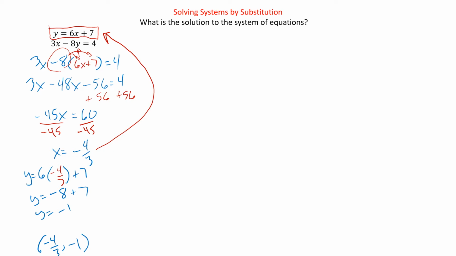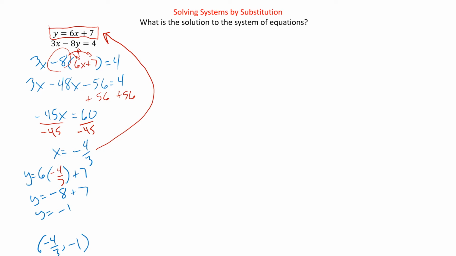Now, this took a little bit of work to get here. Is it possible that we made a little mistake in here somewhere? It is very possible. Checking your answer is a good idea. To check your answer, you want to plug the points into both equations.